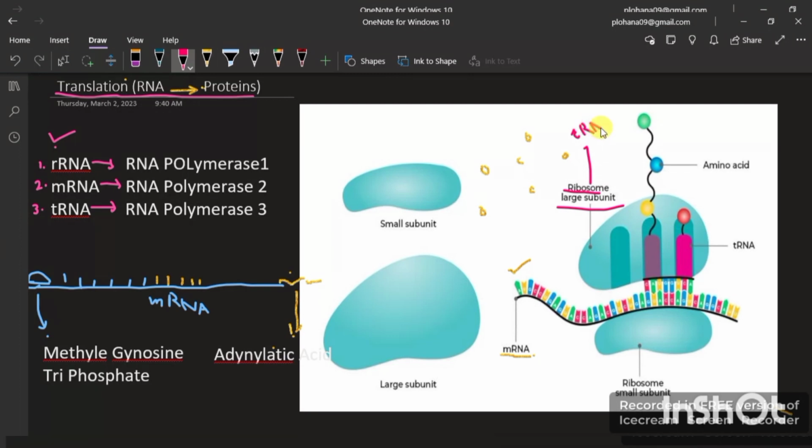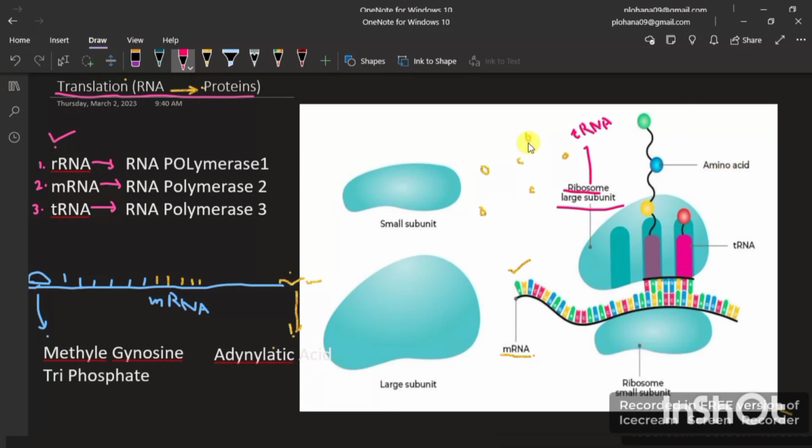When many rRNAs combine together, they form the ribosome. Now, what is the work of the ribosome? The ribosome makes the peptide bonds between the amino acids.